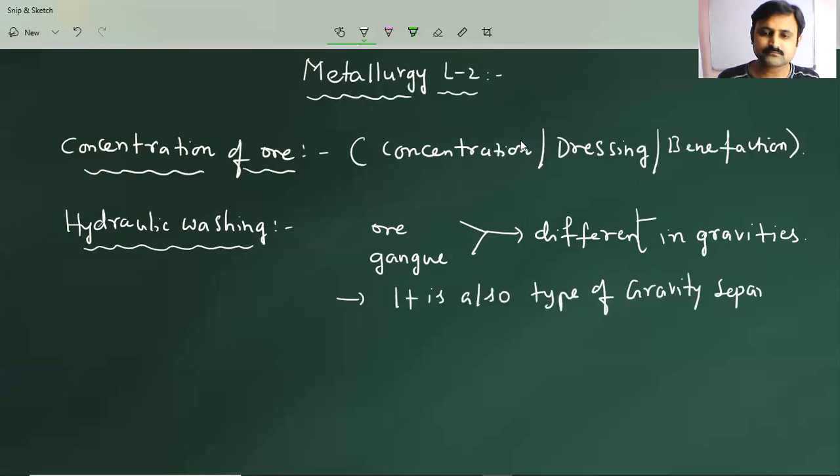Hydraulic washing is also known as the gravity separation method, because we check the differences in the gravities of ore and gangue particles in this washing process. In one such process, an upward stream of running water is used to wash powdered ore.